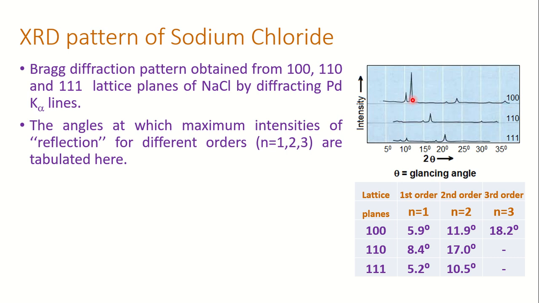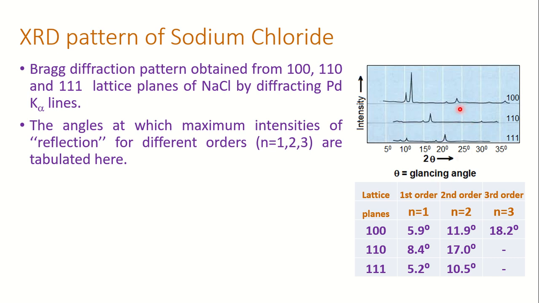Look, these two lines are here, but this is a highly intense line, so we take this one. This one has the value 11.8 degrees. So if 2 theta is 11.8, then theta must be 5.9. So intensity is plotted against 2 theta, and from this we get this data.